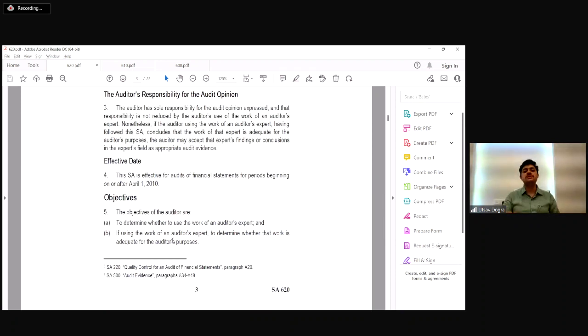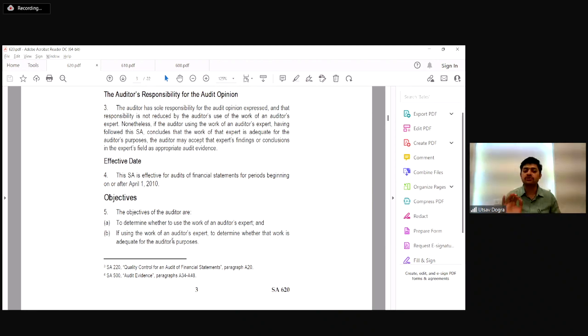The auditor's responsibility for the audit opinion: no matter whatever opinion the auditor's expert gives, whoever the auditor's expert may be, the final responsibility for expressing the opinion upon the financial statements on the matter looked upon by the auditor's expert lies only and only with the auditor himself.